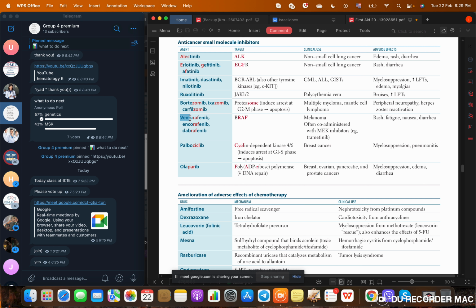And vemurafenib, they always ask it, and melanoma, you have to know that. We also give it with a MEK inhibitor, which we are going to speak about in the musculoskeletal chapter, which contains dermatology. That drug is going to be trametinib, and both of them help to treat melanoma.